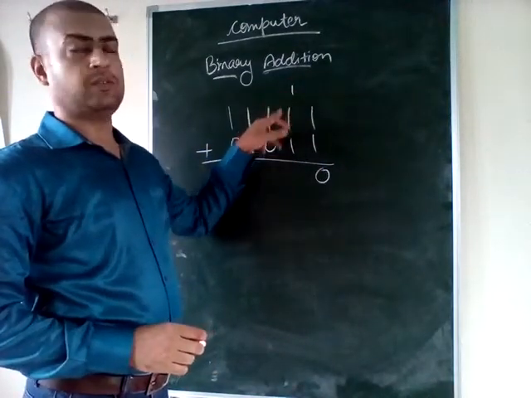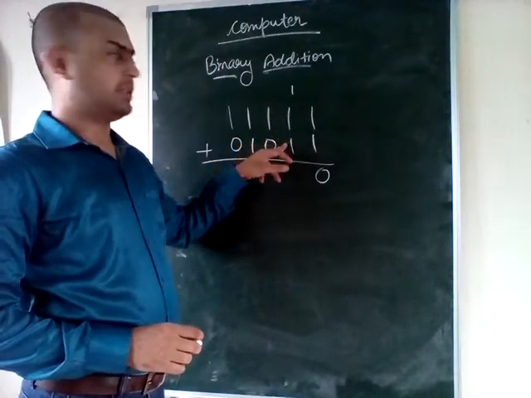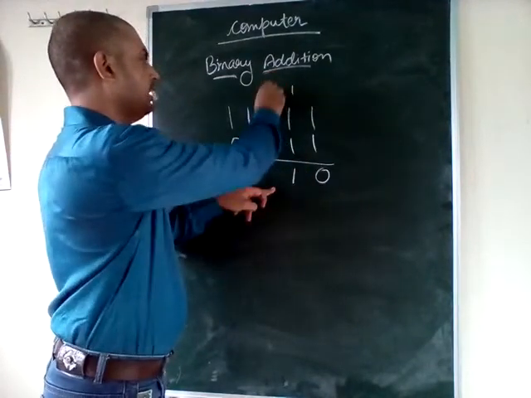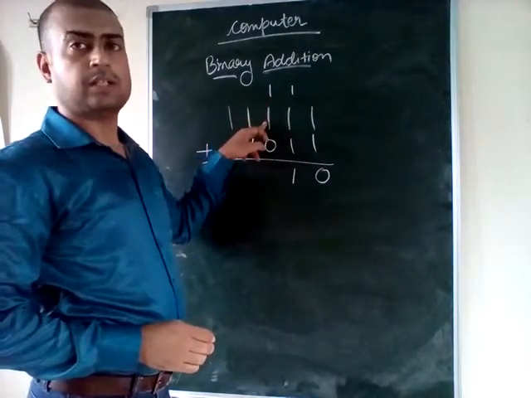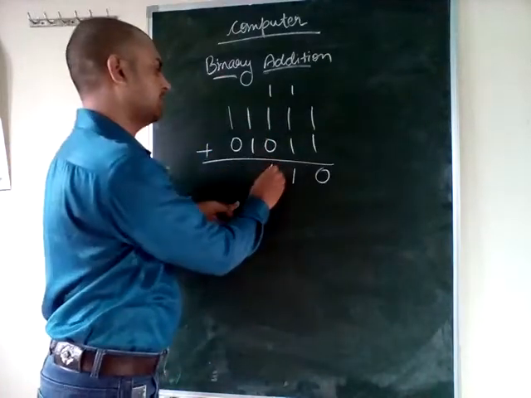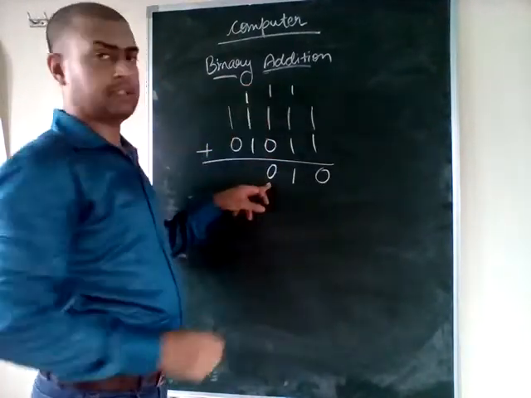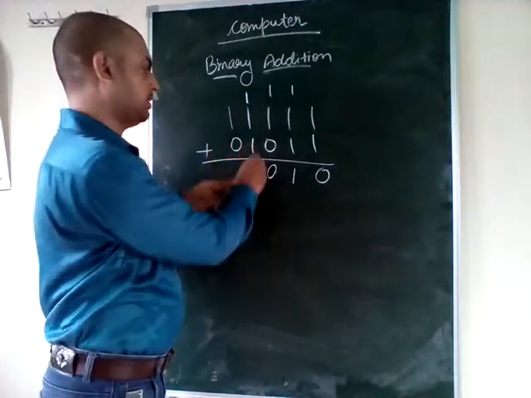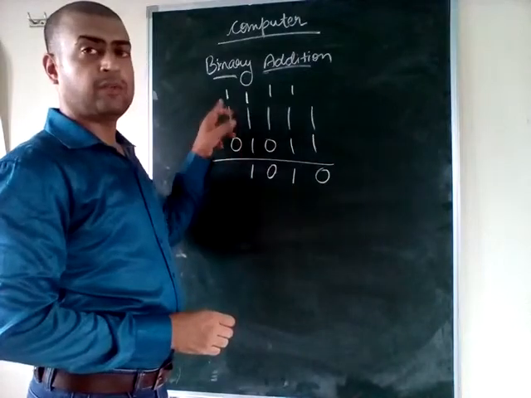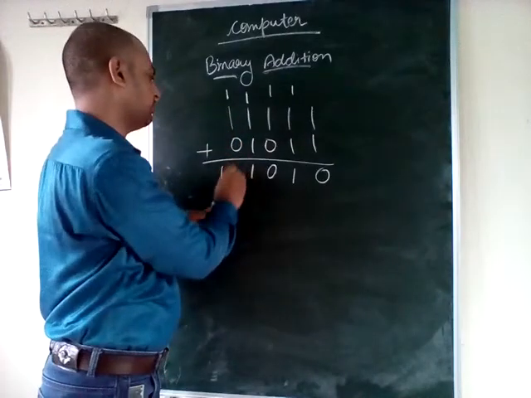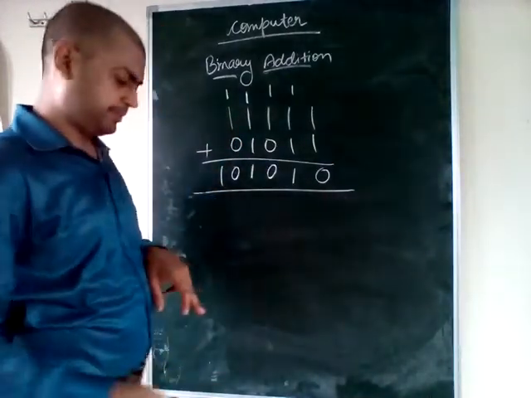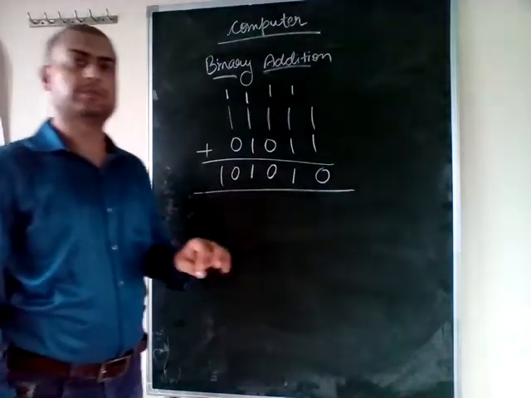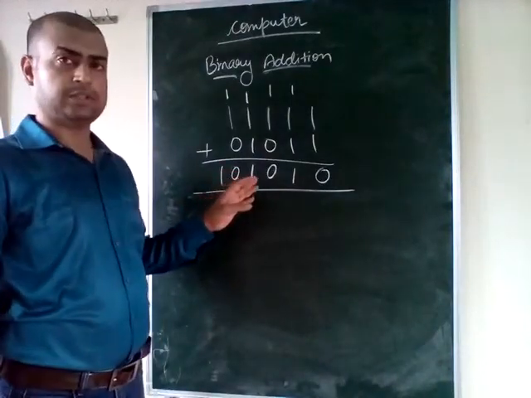Then 1 and 1 is 10, 10 and 1 is 11. 11 means we will write 1 and carry 1. 1 and 1 is 10, 10 means 0 and 1. 1 and 1 is 10, 10 and 1 is 11. 1 and 1 we will write here. 1 and 1 is 10, so we will write 10 here. Note down this.